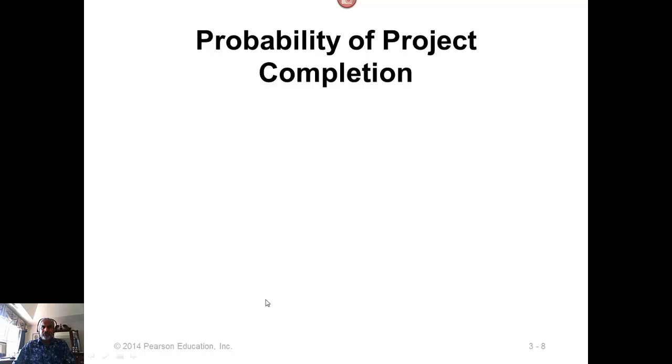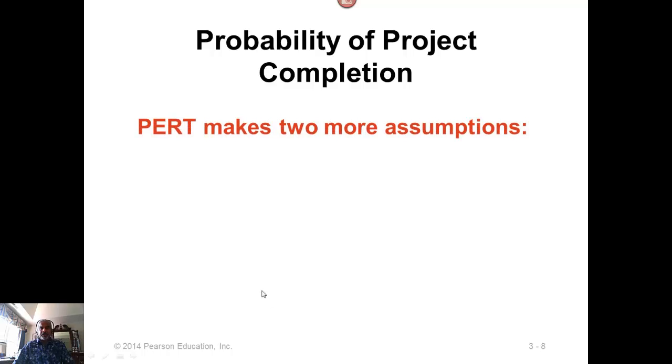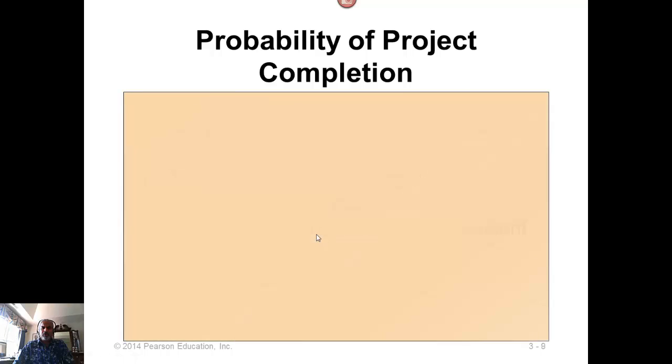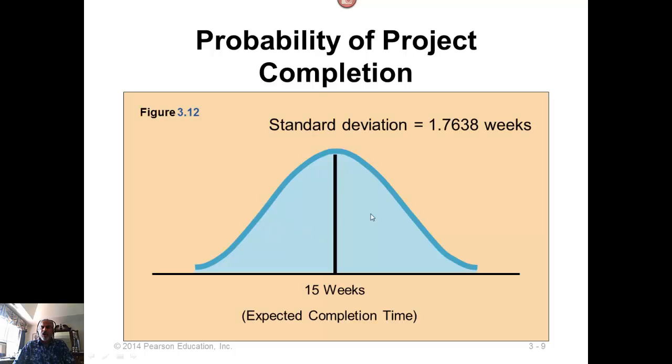Now remember, for this project, the expected project completion time was 15 weeks. So now we have an expected completion time of 15 weeks and the standard deviation. If the activity times follow beta distributions, then the project completion time will follow a normal distribution, and if the activity times are statistically independent, then we can compute probabilities using the normal distribution.